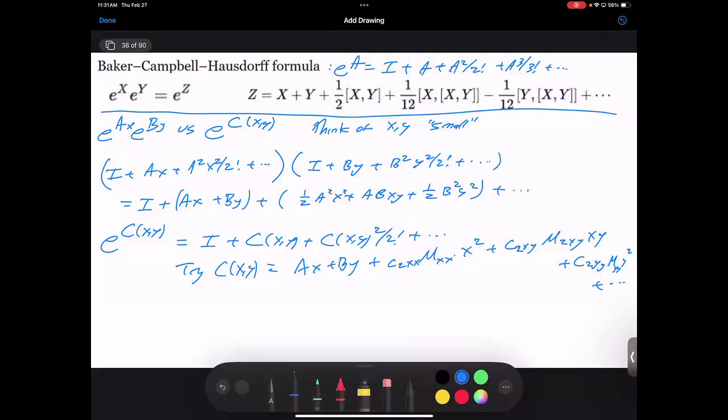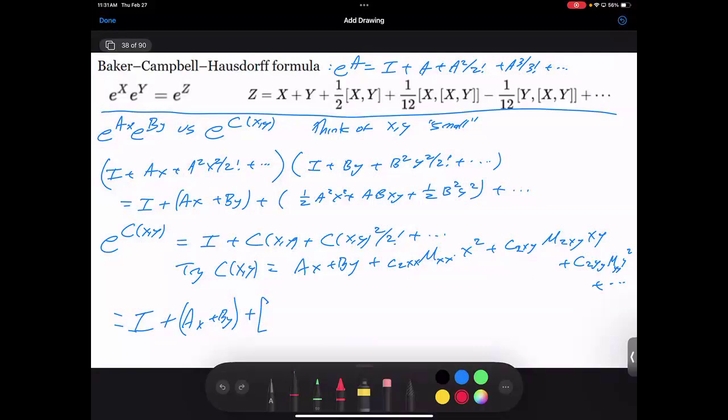And now if I start to expand things out, I would get I, and then I would get ax plus by plus, now if I want to get something of degree 2, I first get everything from the cxy. So I'm going to get all this crap over here.